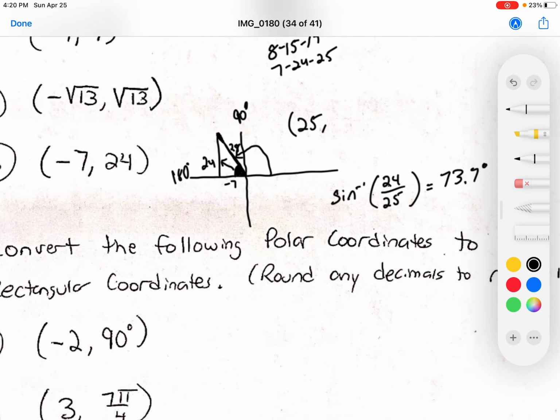Okay, so to figure out what exactly the degree is from here to here, we could just do 180 degrees minus that 73.7. So the degree, I get 106.3 degrees.